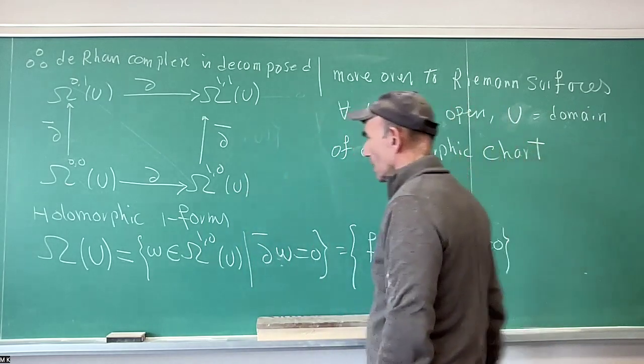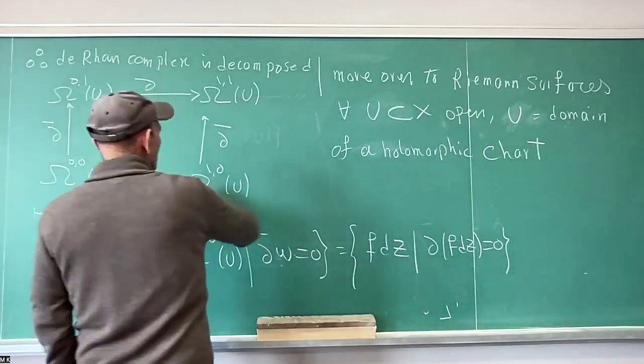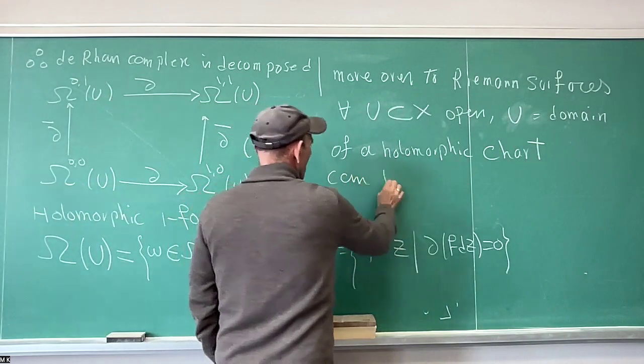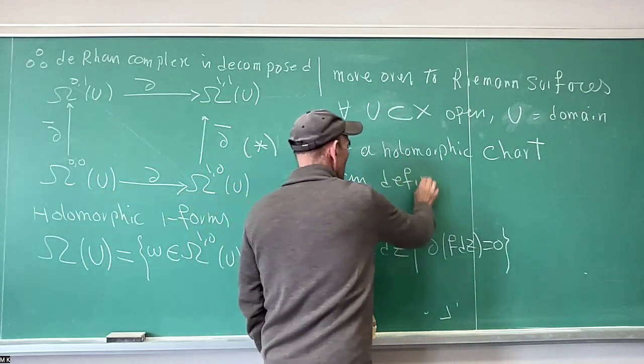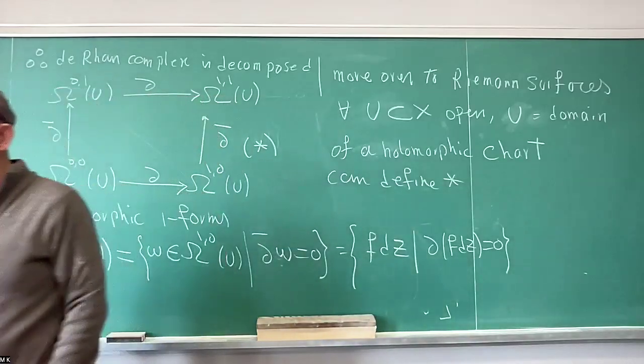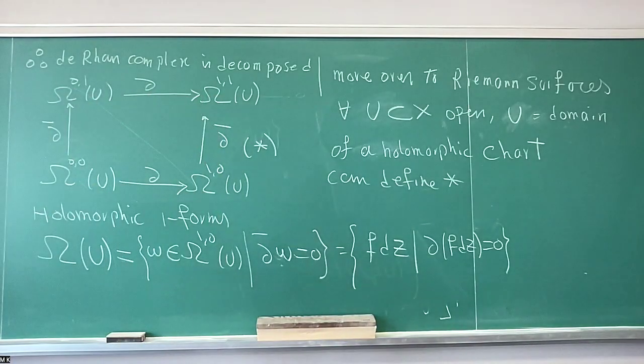Domain of a holomorphic chart, we can define this complex star. That's not a problem, because you're on this abstract Riemann surface. But then you just use a coordinate system to come down on Earth, from the sky.